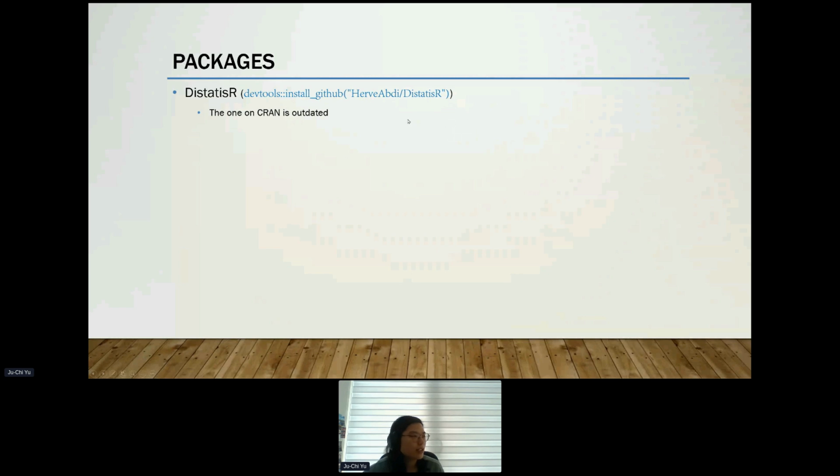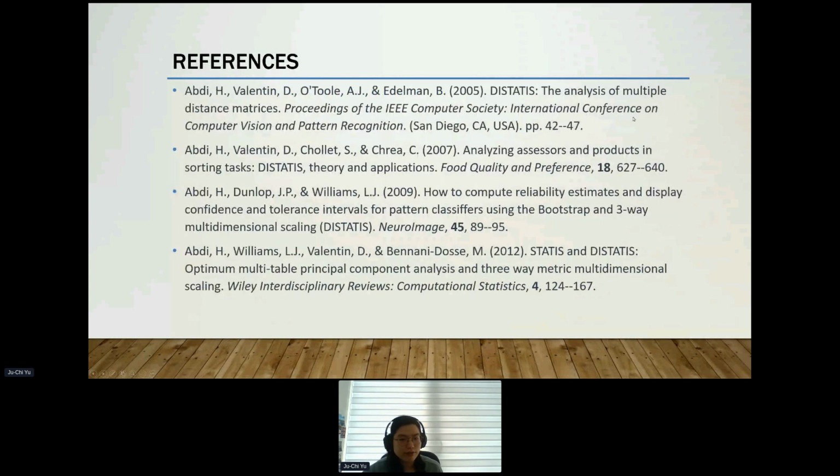So that's DiSTATIS R, and also CovSTATIS if you want to focus on covariance or connectivity matrices. And these are the references. If you're interested in this method, you're welcome to chat with me on Discord for further discussions. That's all from me. Thank you.